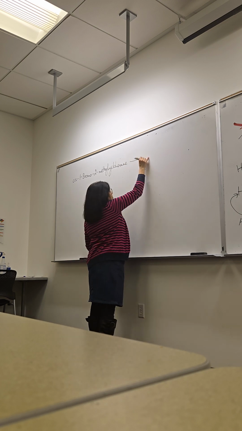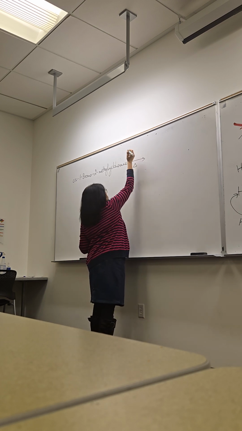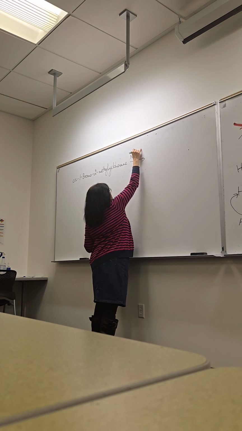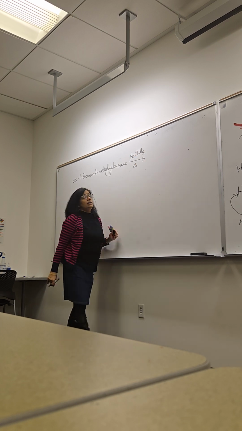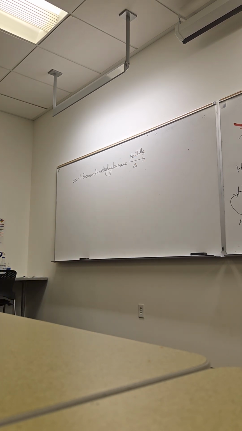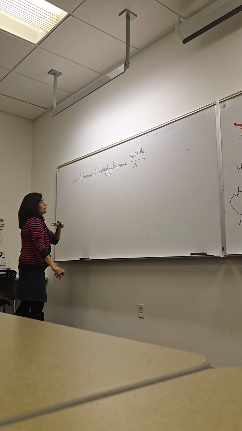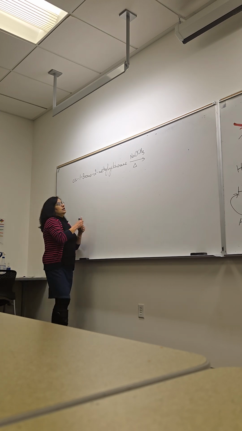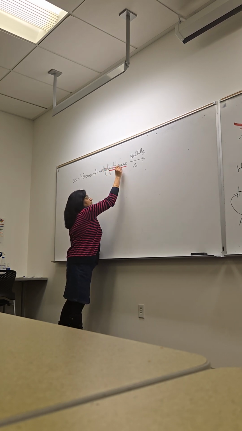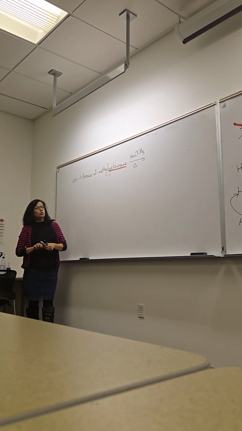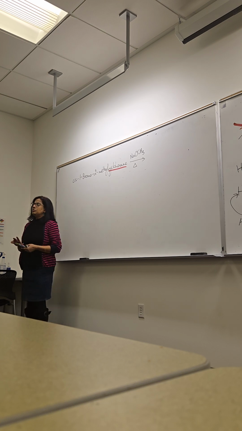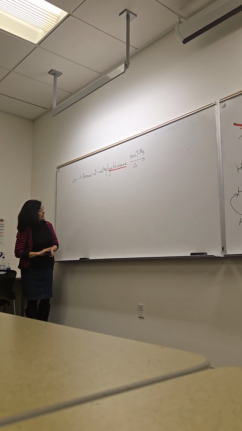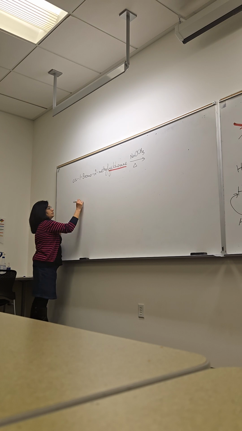If this is undergoing elimination, heating it with sodium methoxide, E2, how many products? And which one will be major? Now for such questions where it's a cyclohexane compound, what's the most stable form of cyclohexane, people? Chair. Think chair.